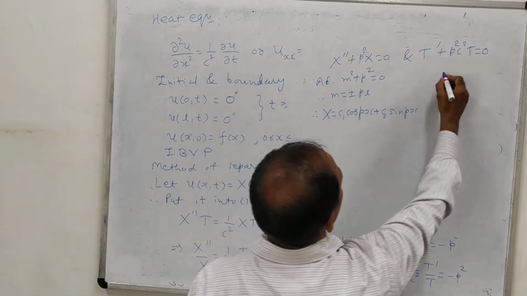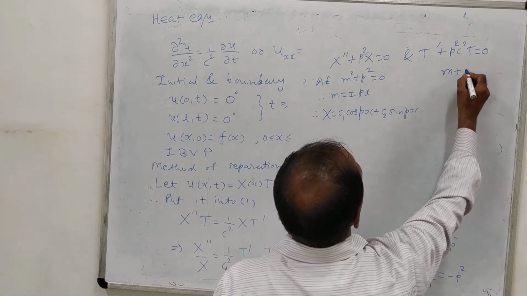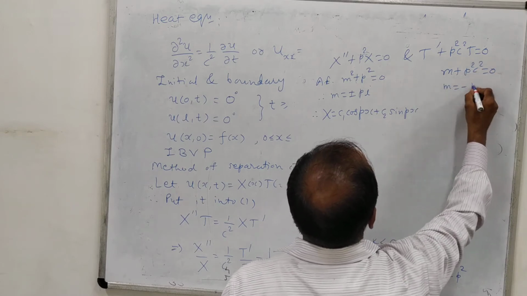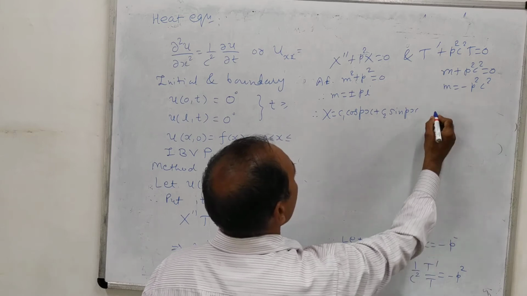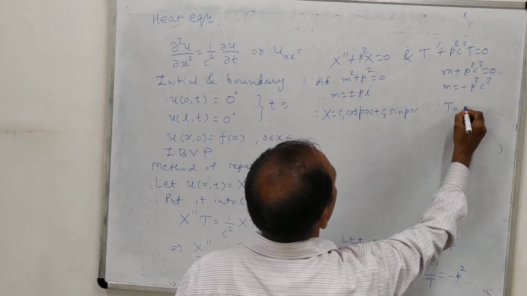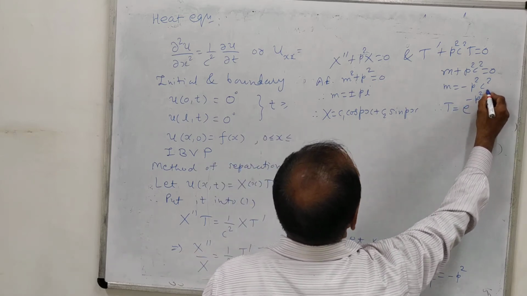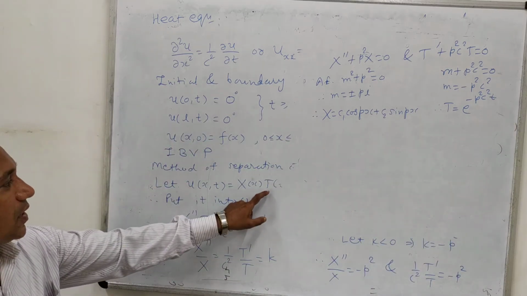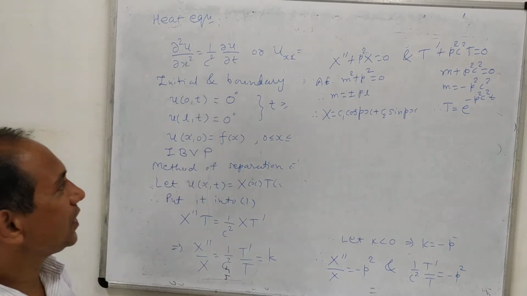And from the second, the auxiliary equation is m plus p square c square equal to 0. That means m equal to minus p square c square. So it is a real root, and therefore we have capital T equal to e raised to minus p square c square into small t. This is the solution written in terms of small t, as capital T is a function of small t only.